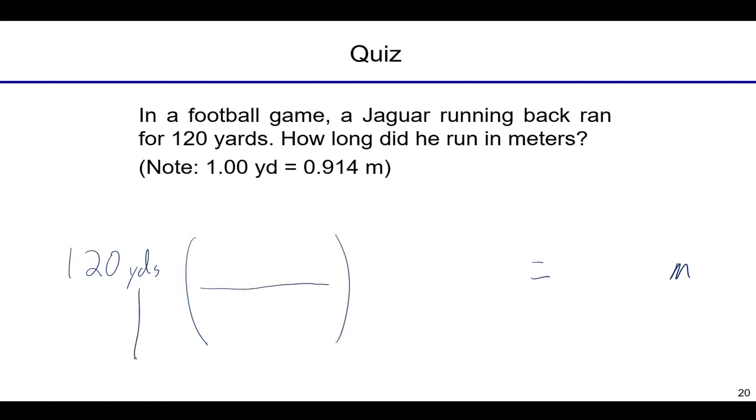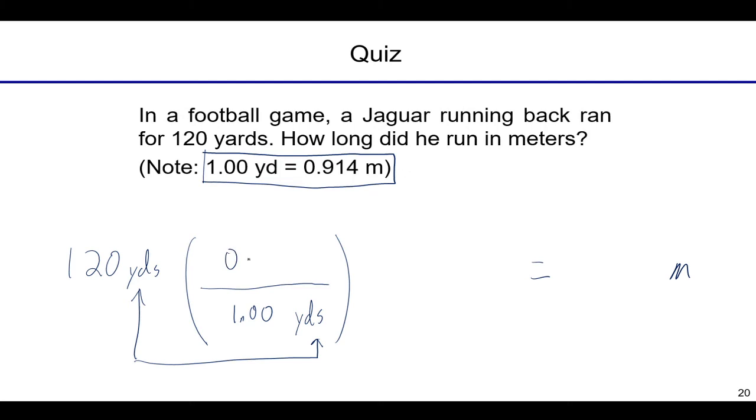Whatever unit is given here, I'm just going to immediately write down here. I'm not worried thus far about where numbers are going. I see a unit factor that I'm given here. I don't have to memorize because it appears right here in the problem. 1.00 goes with yard. 0.914 goes with meter.